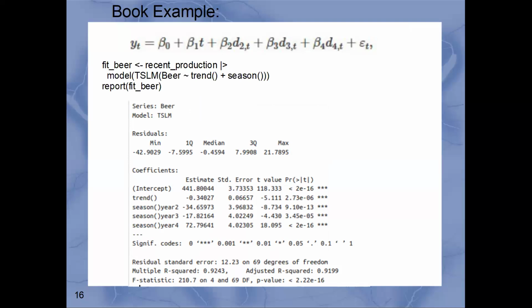If we go ahead and run the TSLM model, looking for trend and season, we'll estimate B naught, B1, B2, B3, and B4. These are the estimated values.